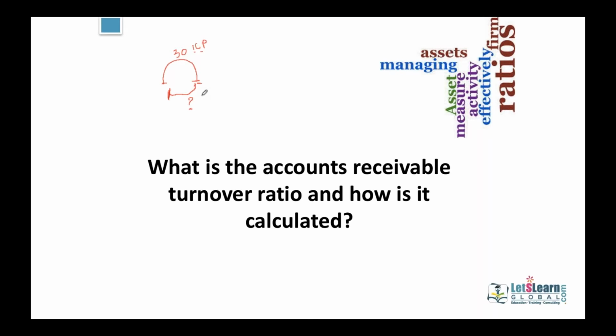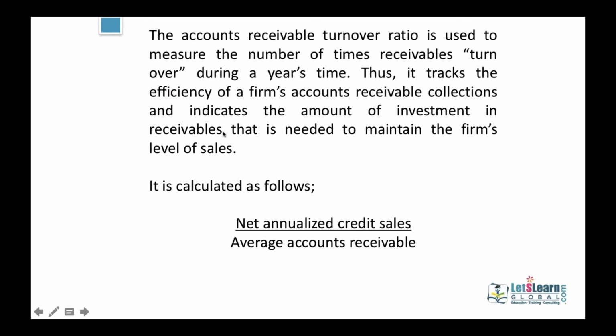First of all we should see how many times the cash is collected here, then how many days it is taking. For inventory turnover ratio, we used cost of goods sold divided by average inventory. In accounts receivable turnover ratio, we should use credit sales, please. Remember, credit sales.